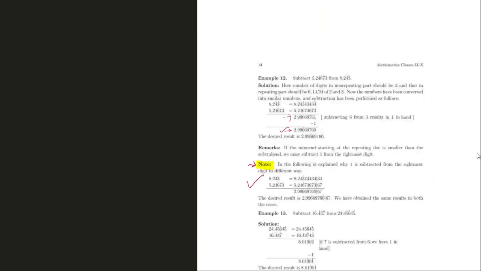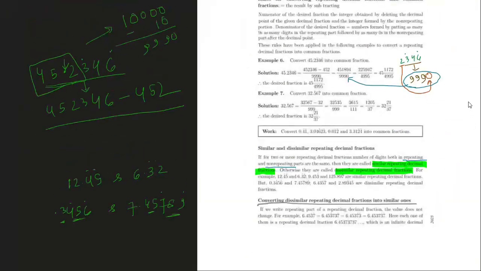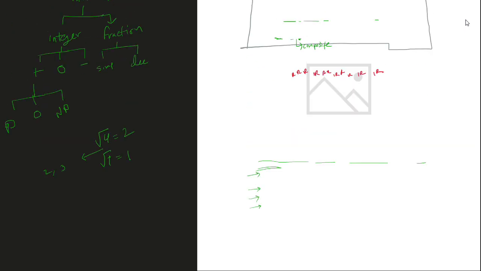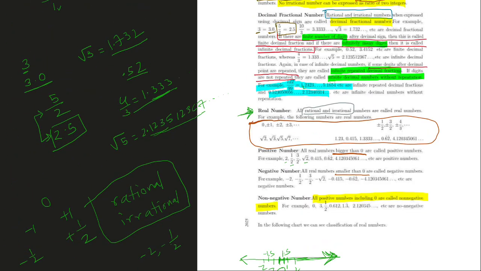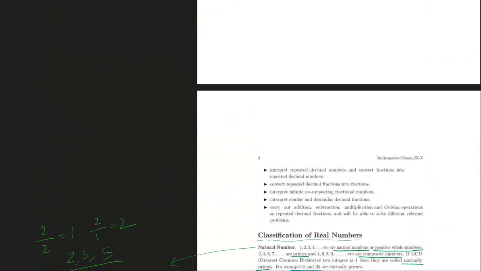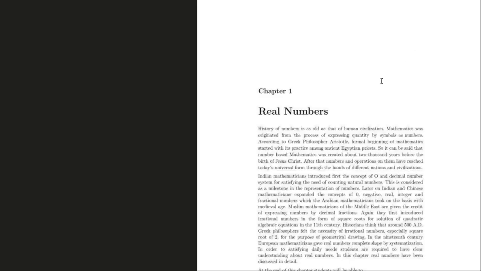So this is chapter 2. Okay, no, I think it's the first chapter. It's not chapter 2. Yeah, this is chapter 1, downloaded from the website of NCTB.